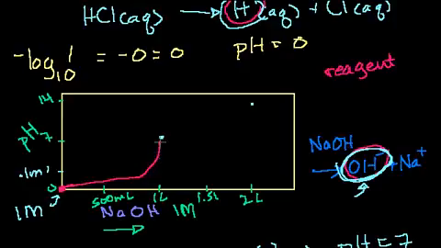Up here, you're still going to have hydrogen concentration, but it's going to get really, really small. Now, what's interesting about what just happened here? At this point right here, your OH is equal to your hydrogen.